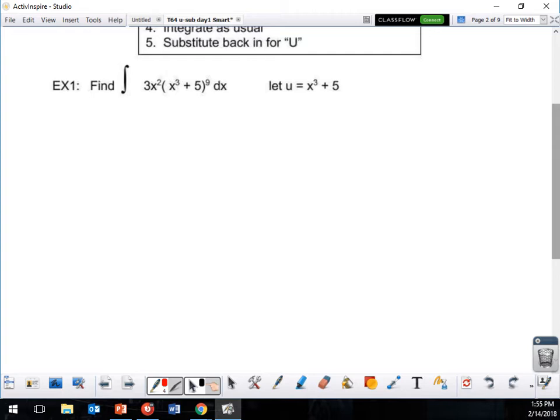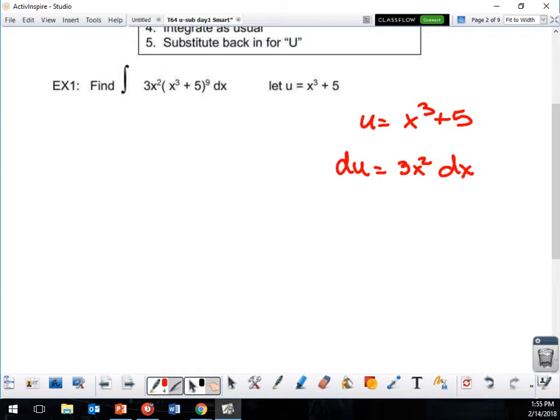If u equals x cubed plus 5, the derivative du is equal to 3x squared plus 0, the 5 goes away. I took the derivative in terms of x, so I'm going to call this dx.